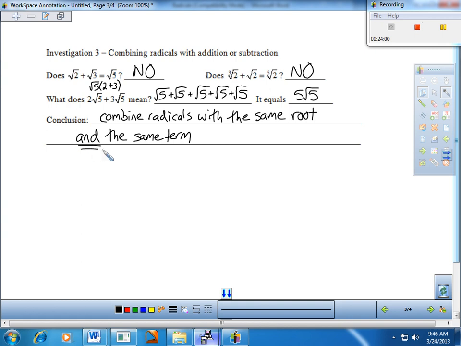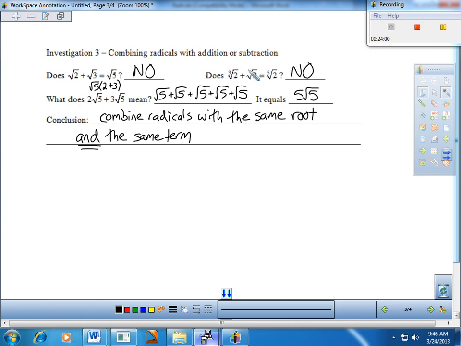That's the key right there, guys. As long as they do have the same root and the same term underneath, we can combine them together. If they don't, very simply, we can't. There is no sum property if they are different terms under the root, and there is no sum property if they are different roots themselves.